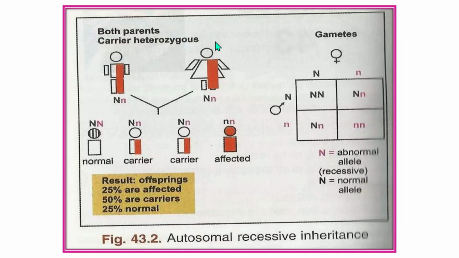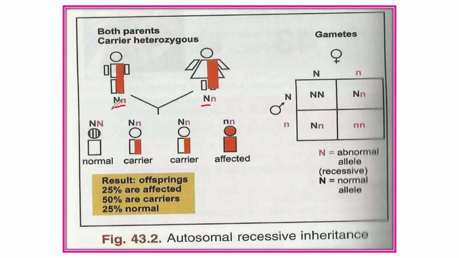Like for example, in this case, look at what we have. You see that here we have capital N, small n, capital N, small n. So it means that the capital N is dominant, while the small n is the recessive character.